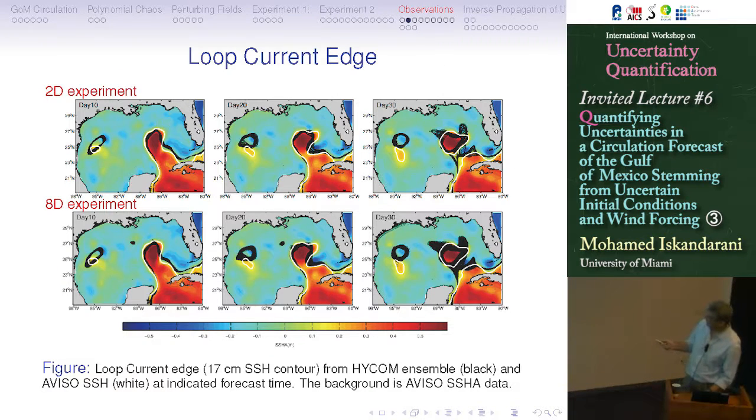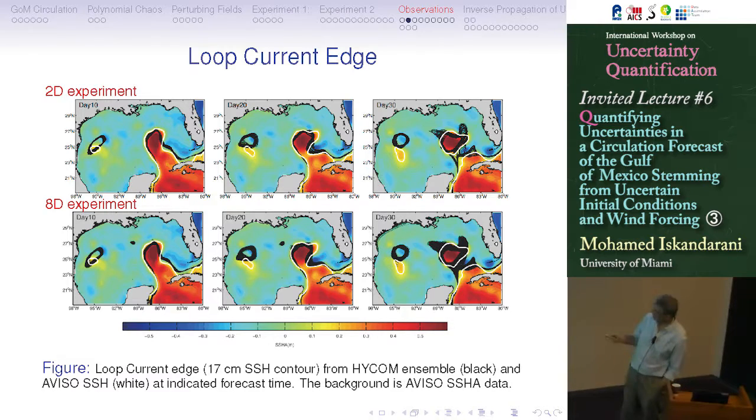Now you can do the sensitivity analysis over the entire Gulf of Mexico and see which variables, whether wind or initial conditions, are controlling the uncertainty. What you're looking at here is the first order index for the sea surface height and the mixed layer depth.